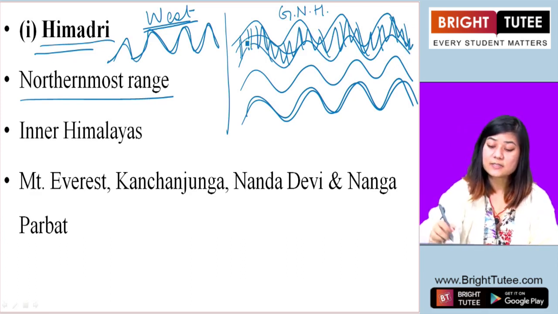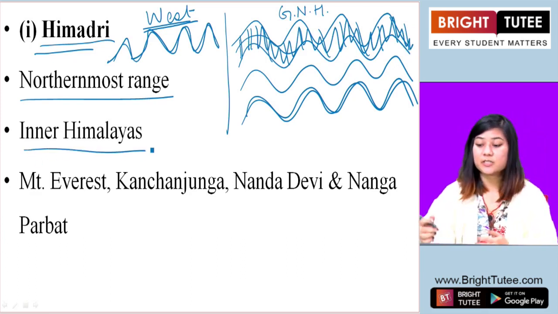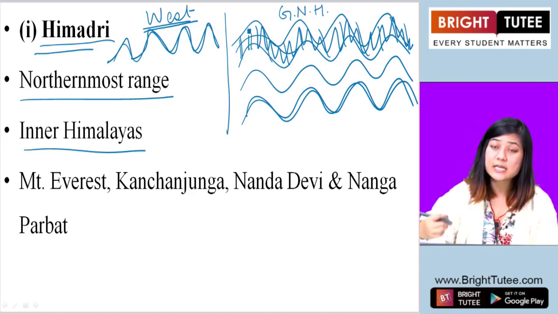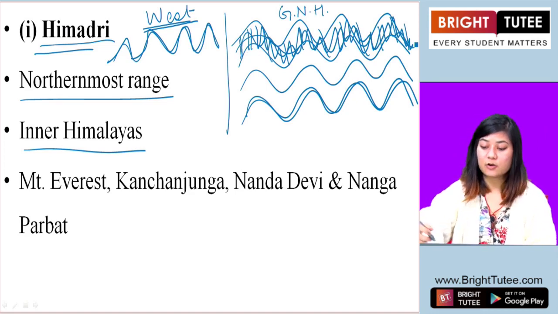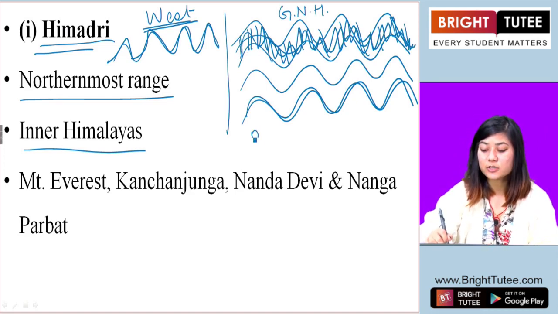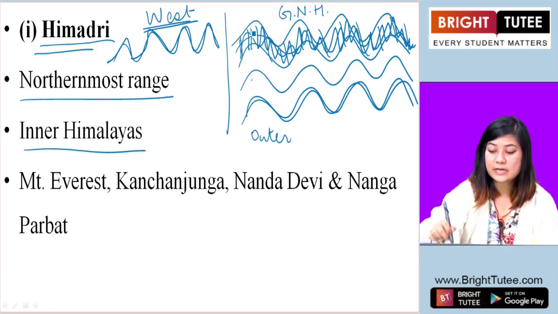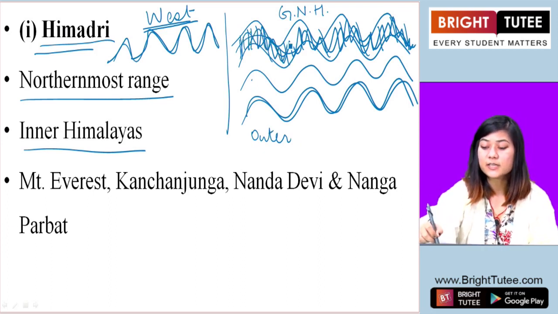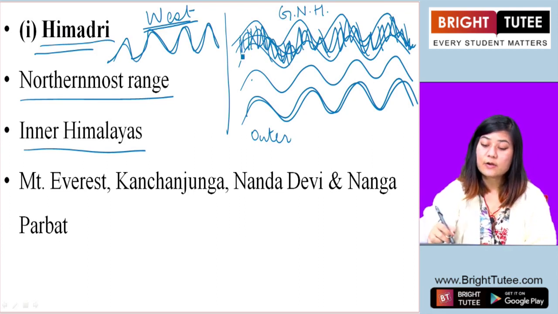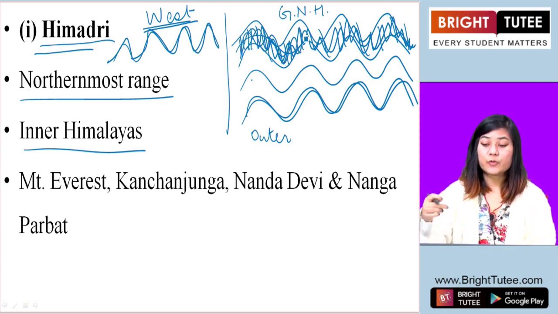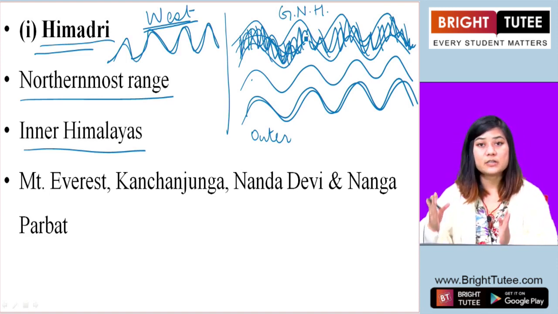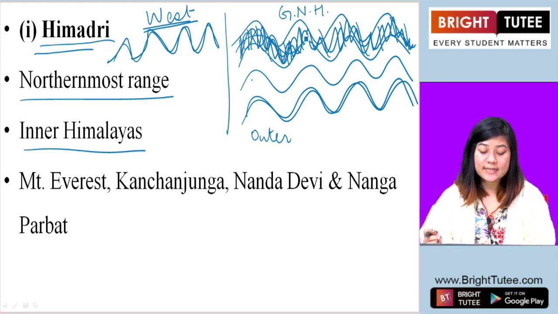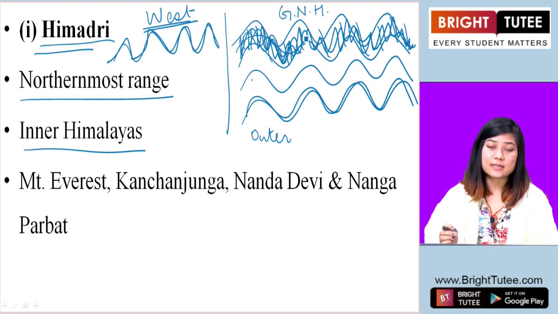Okay, this is also called the Inner Himalayas because it lies in the innermost segment of the Himalayan range. Okay, so if this is the outer, middle, inner, alright, so this is also called the Inner Himalayas. Now, this range, which is the innermost as well as the northernmost range of the Great Northern Himalayan range, has the highest mountain peaks that exist in the world.